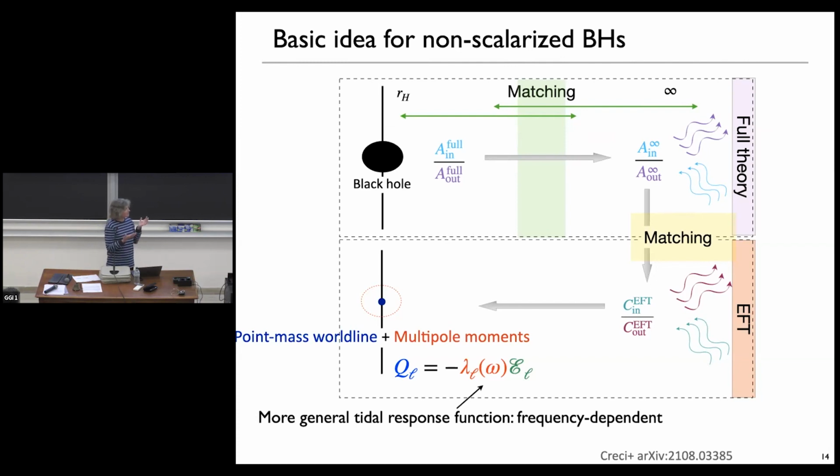So that in the limit of zero frequency, it again reduces to the tidal love numbers. But even in this scattering setup, one naturally gets the full frequency dependent response out of it. So that's also quite nice.